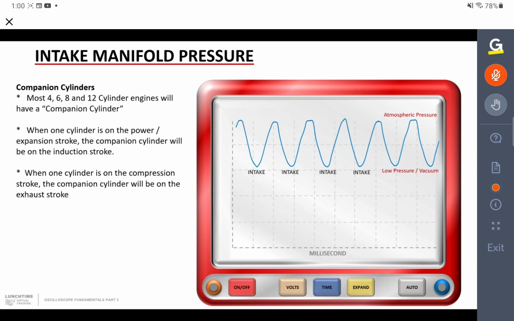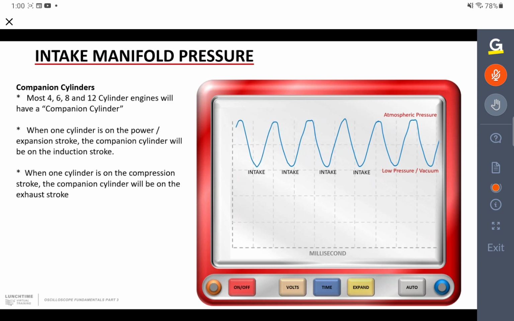Now, if we hook up to the intake manifold using our pressure transducer, we will get something similar to this. We will get a pressure waveform, which initially doesn't make an awful lot of sense, other than the fact that when we are on the intake stroke, we will get a lower pressure. So all of these lower peaks are based on intake pressure during the induction stroke.